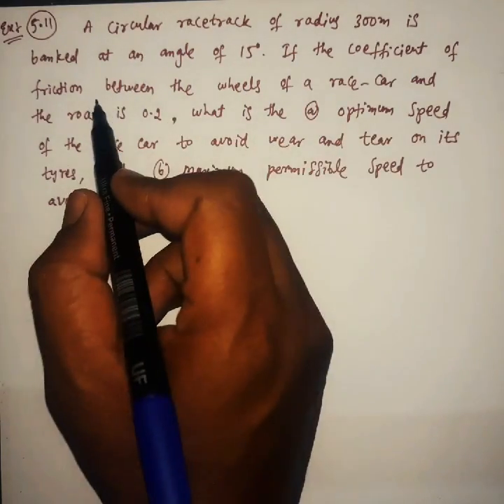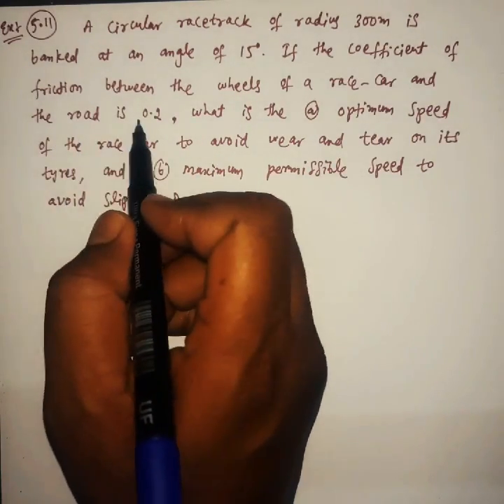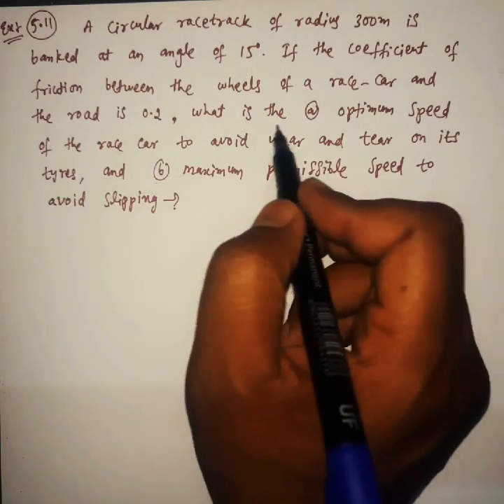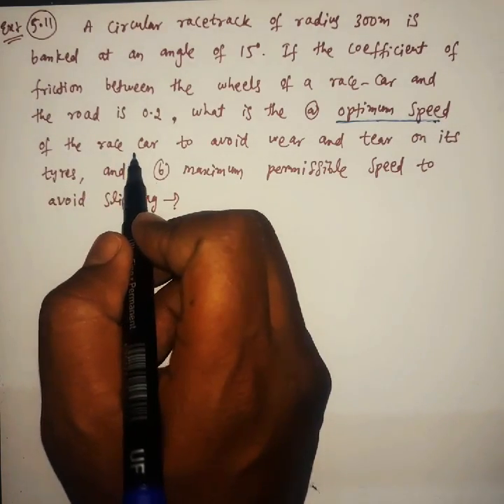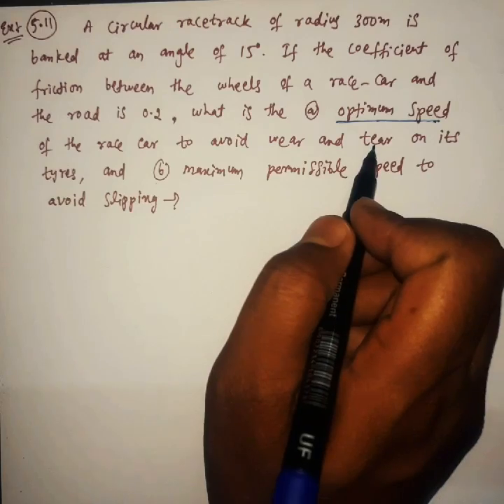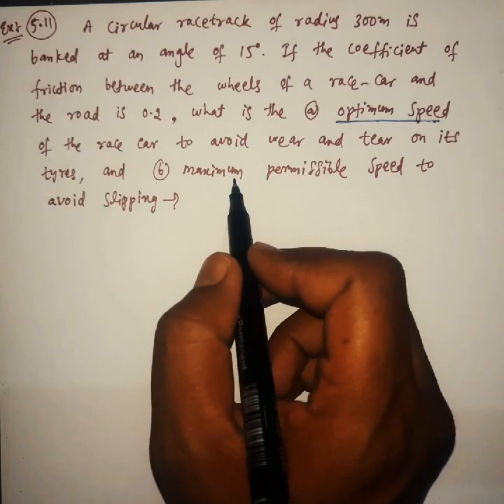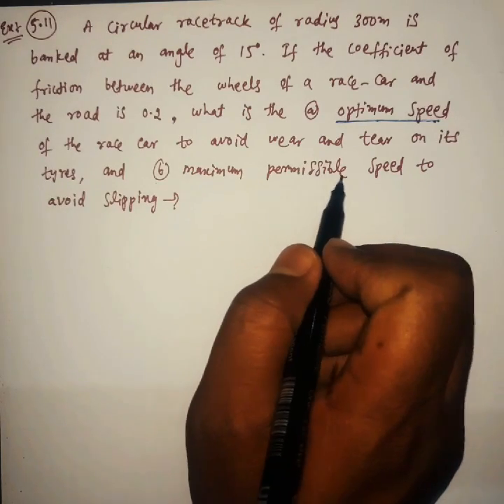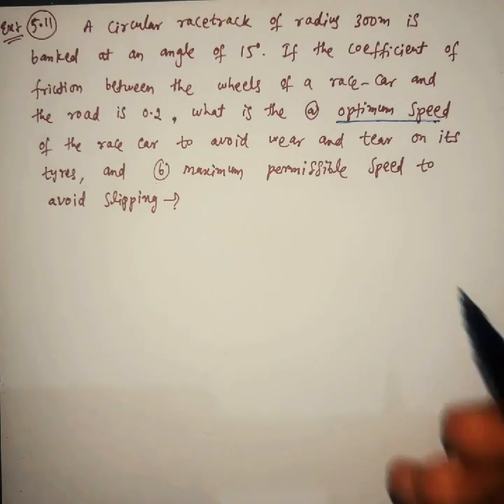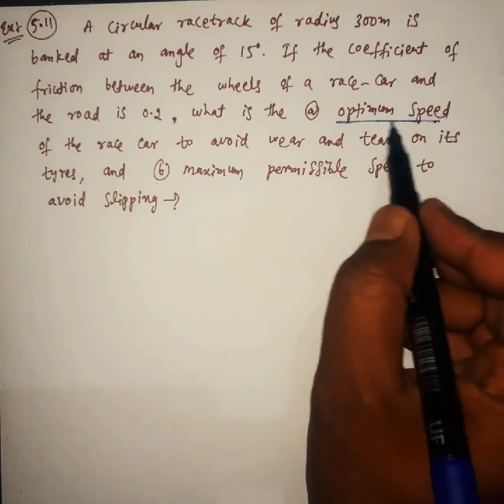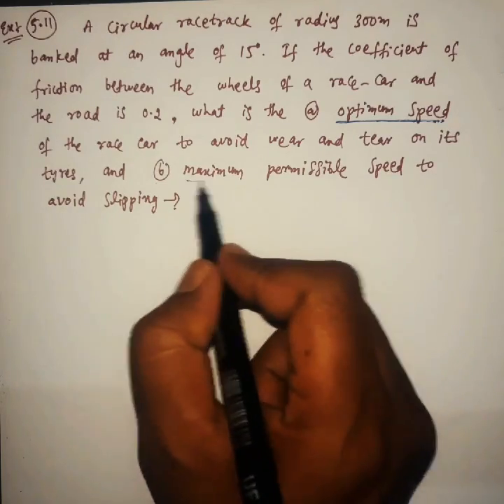If the coefficient of friction between the wheels of a race car and the road is 0.2, what is the optimum speed of the race car to avoid wear and tear on its tires, and what is the maximum permissible speed to avoid slipping? Here we find optimum speed and maximum permissible speed.